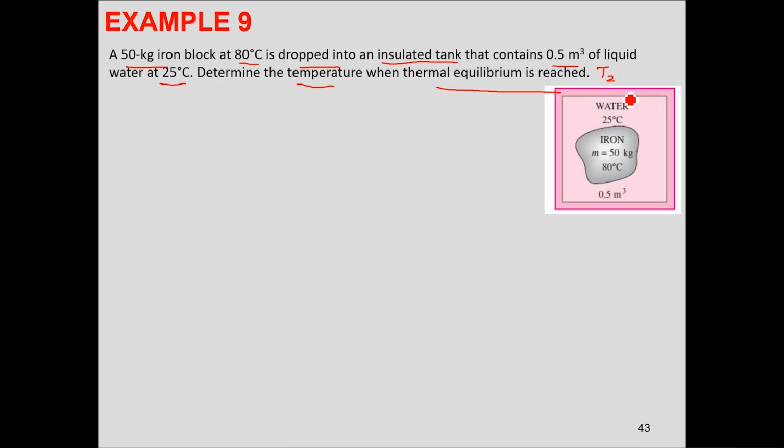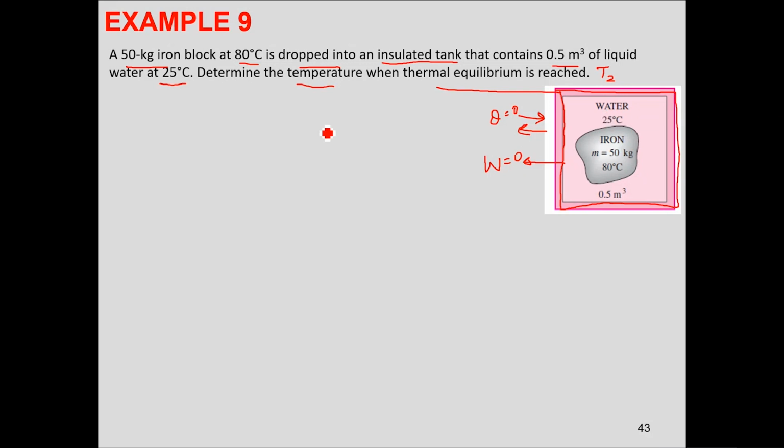Now, if you look at the schematic, if I assume this as my closed system, which is insulated, no heat can flow in and no heat can flow out. Q is essentially zero. Similarly, there is no work done associated with this system, so W is also zero for this closed insulated system.